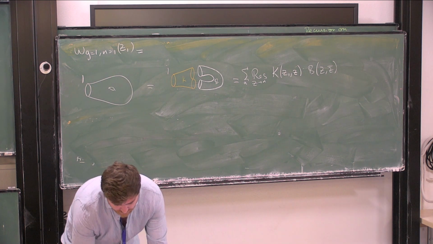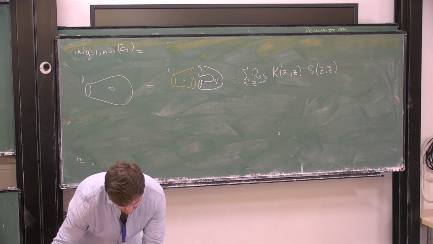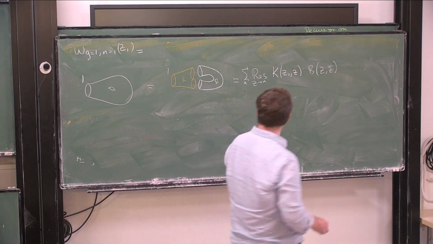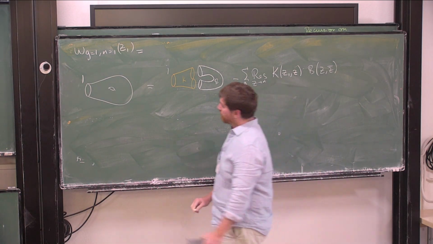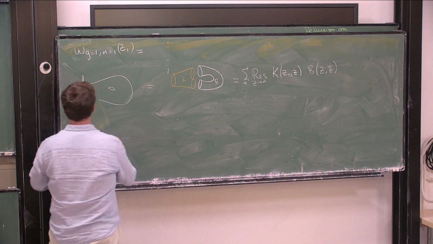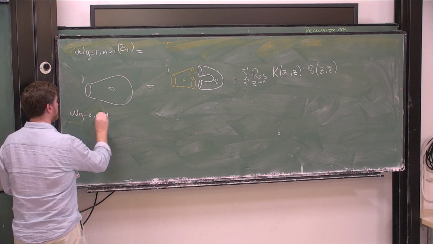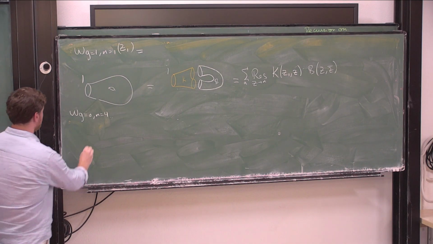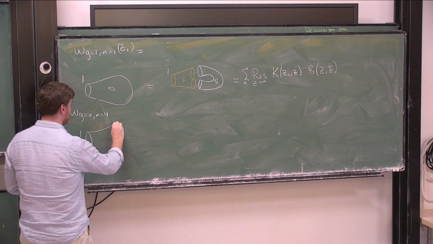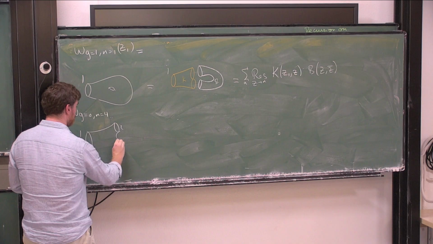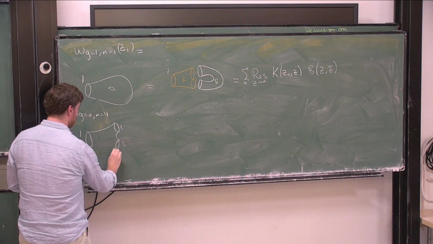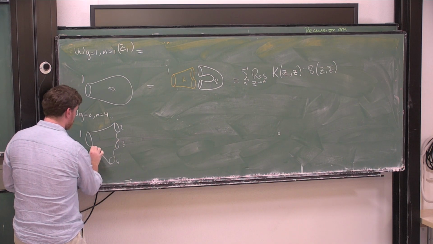We'll do one last one, just so that you guys understand all the permutations. So what happens for, let's do W, g equals 0, n equals 4. 1, 2, 3, 4.